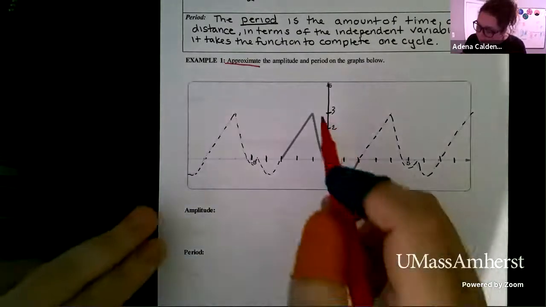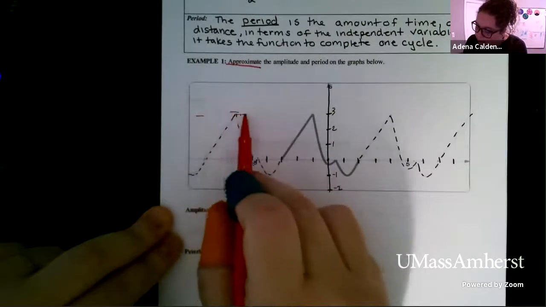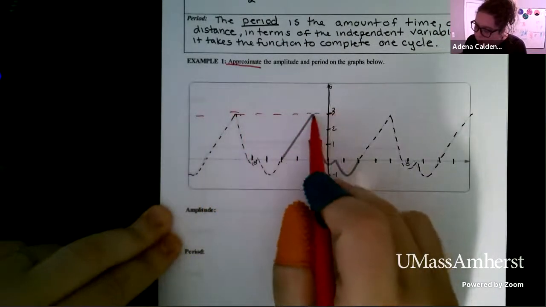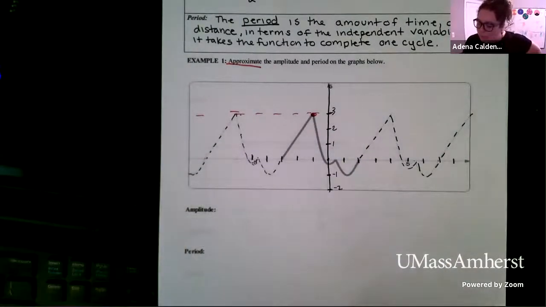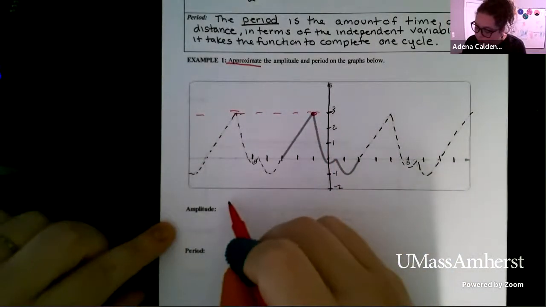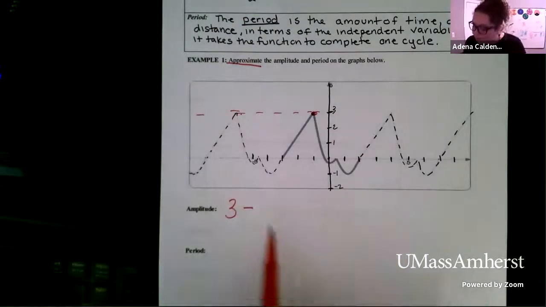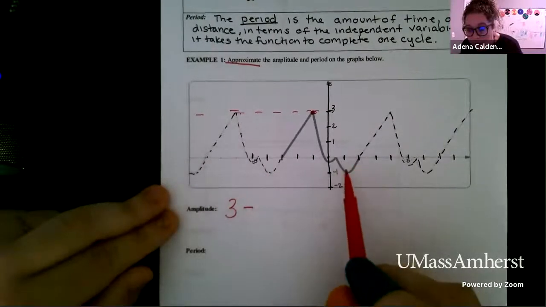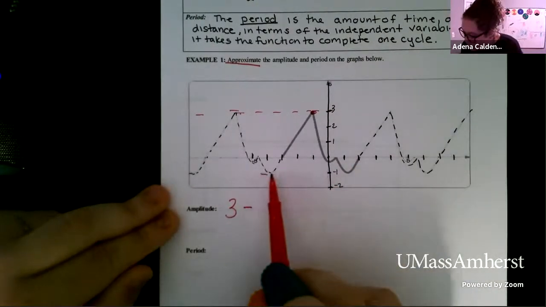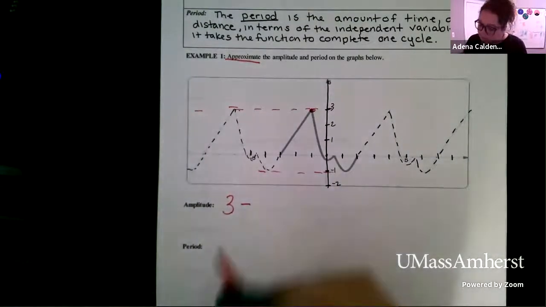For the amplitude, we're going to start by looking for the maximum and the minimum values. The maximum values happen every time we reach one of these peaks, and the maximum value here is 3. Then we want to subtract off the minimum value. So we come down here to every time we have one of these little loop-de-loops, and that's approximately -1.